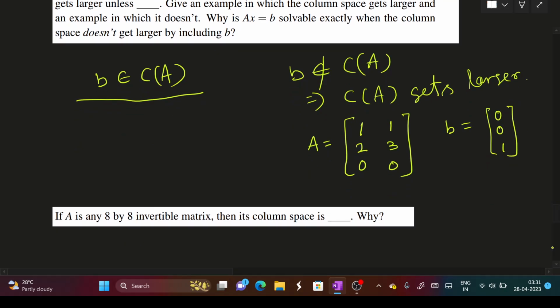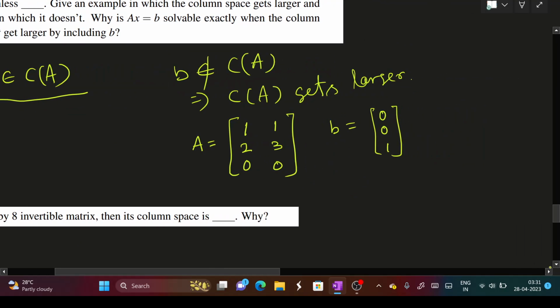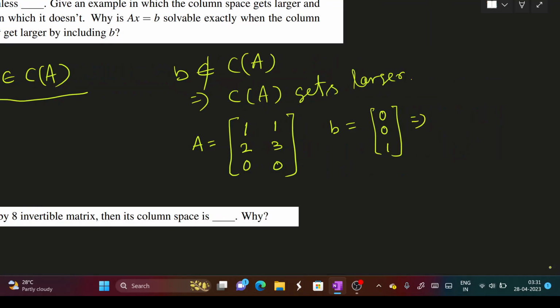Clearly, we are getting that B is not an element of C of A. So this implies B does not belong to C of A.